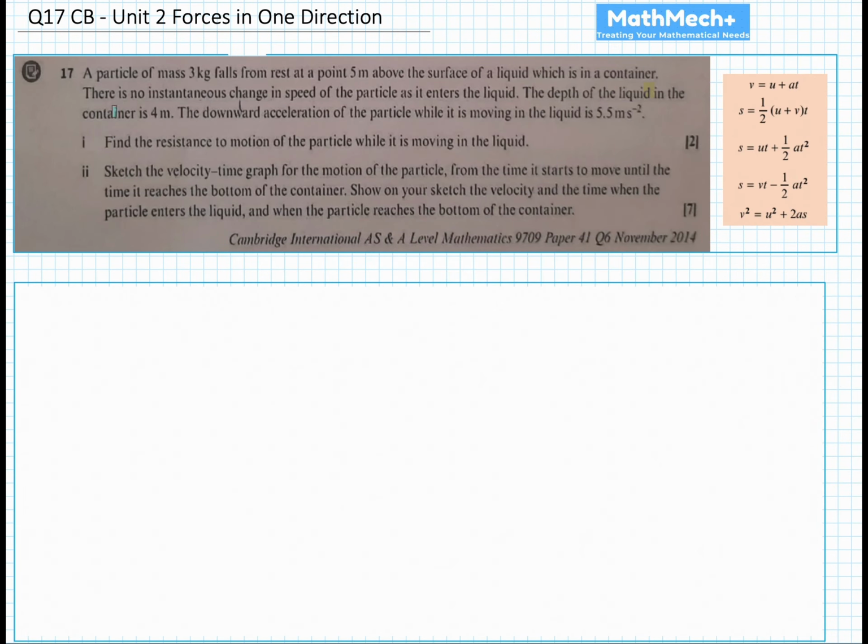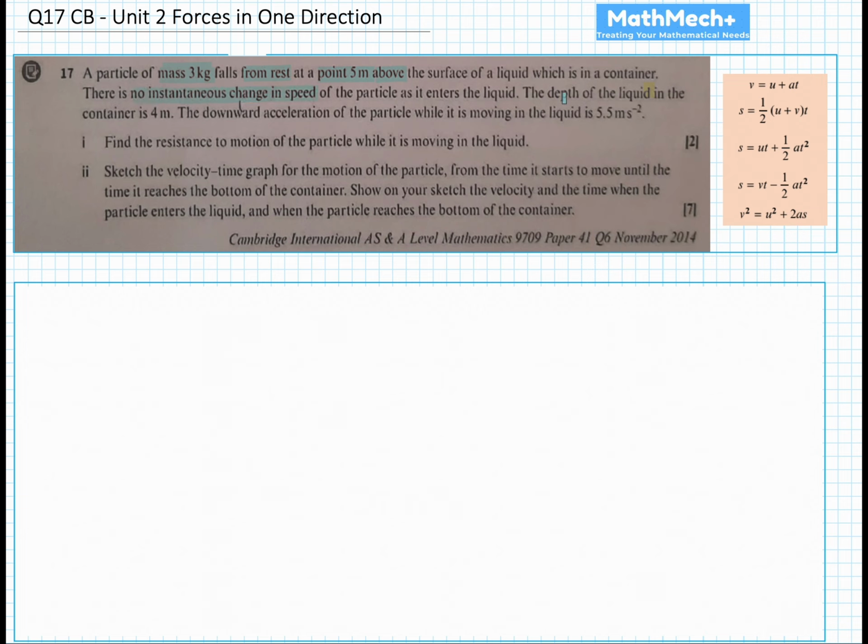In this video, we are going to look at how a resultant force works and motion under gravity. So we have a mass of 3 kilograms, which is from rest, at a point that's 5 meters above the surface of a liquid, and it's in a container.